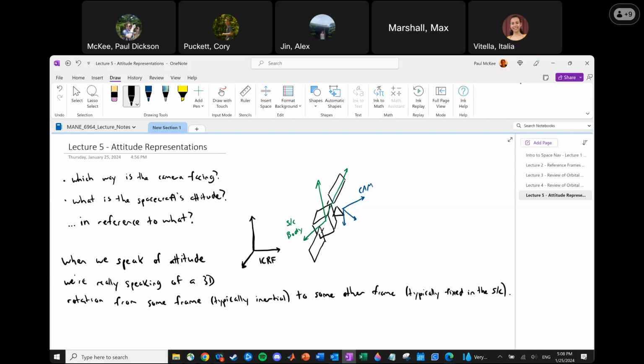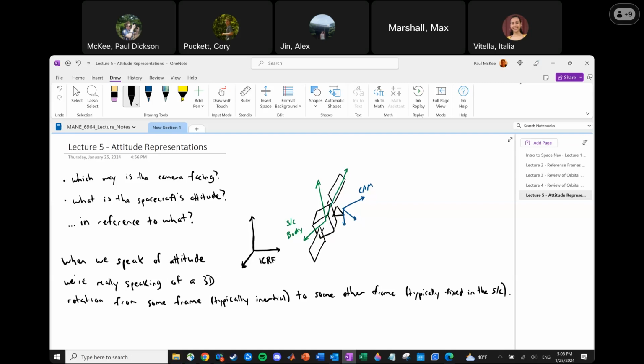So what we're talking about is the International Celestial Reference Frame and the camera frame. They are two different reference frames that are related by a rotation. If you want to say the position of a spacecraft, it has to be in reference to something. It has to be this many kilometers in this direction, expressed in the Earth-centered inertial reference frame, right?